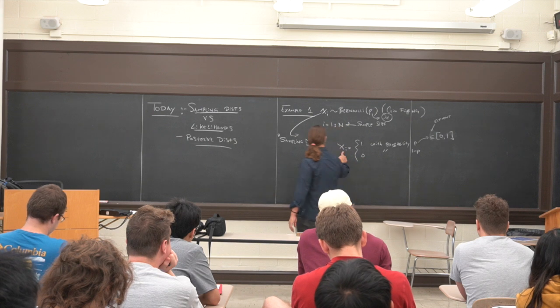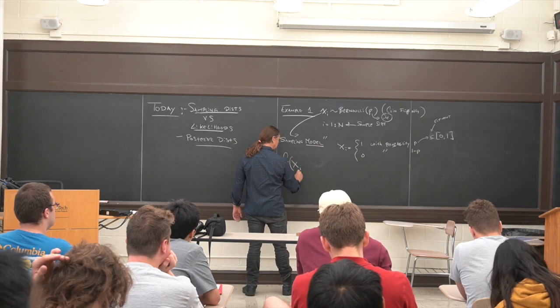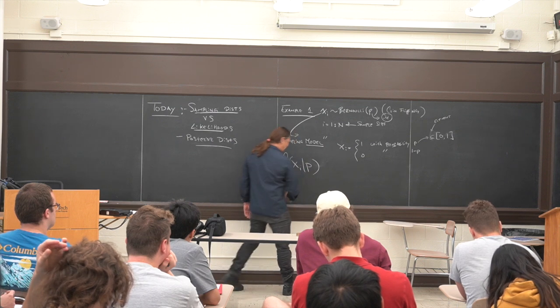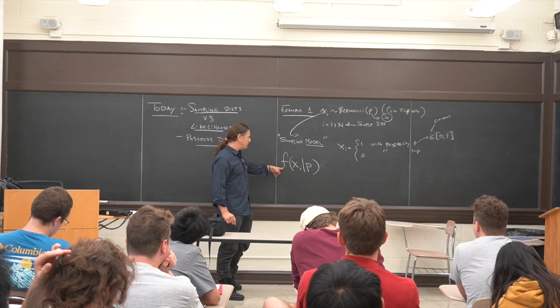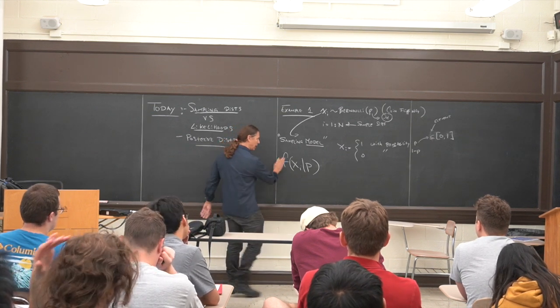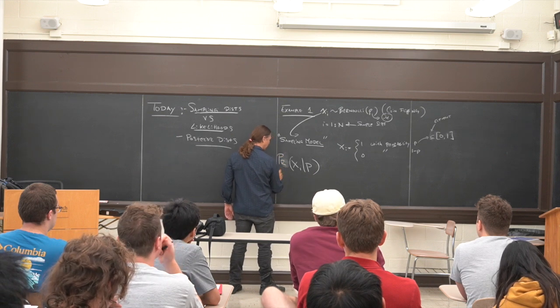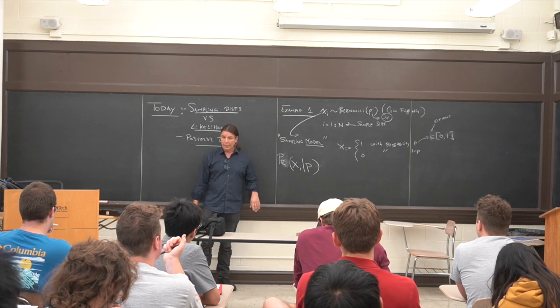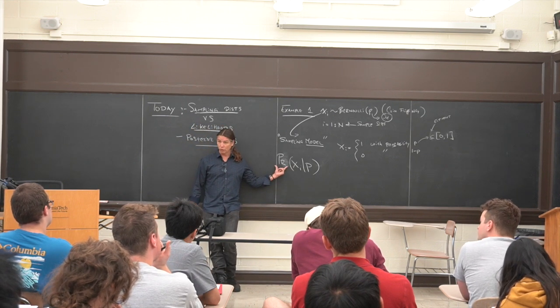So I could rewrite this, where I write down f of xi given p, and I like to call this the sampling probability model. Very often I use the letter f, but I'm going to change it this time and call it probability. Hopefully that didn't spook you too much, that I could just change what this function is.